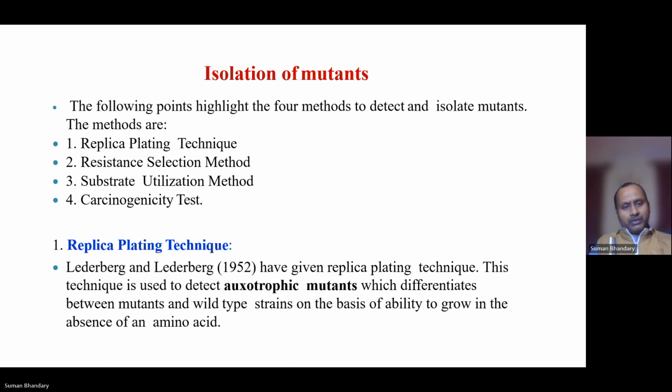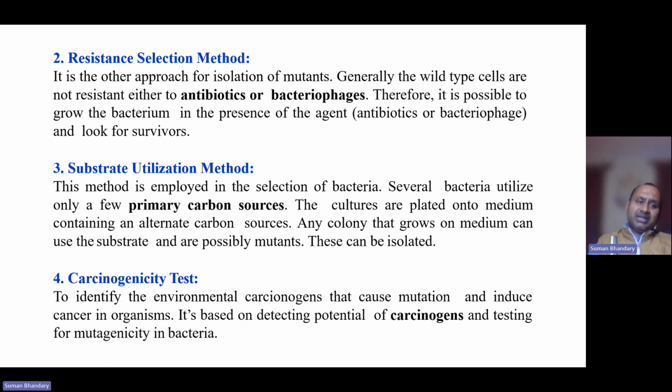Now, the third method that we are going to discuss is the substrate utilization method. We use this method for selecting bacteria. We know that several bacteria utilize a primary carbon source for their growth.